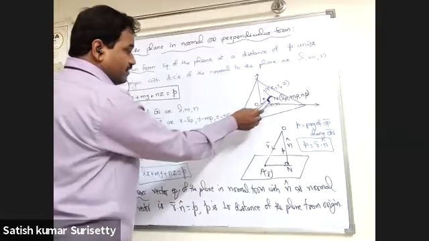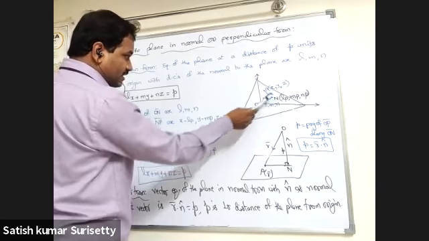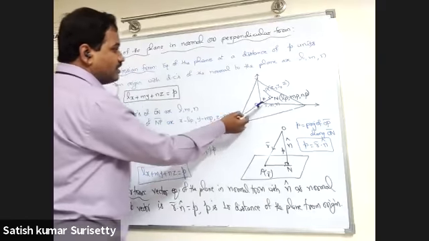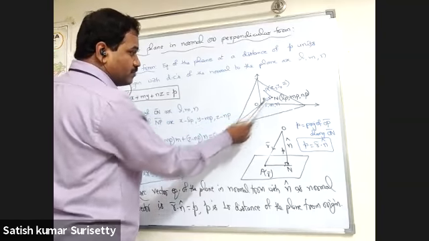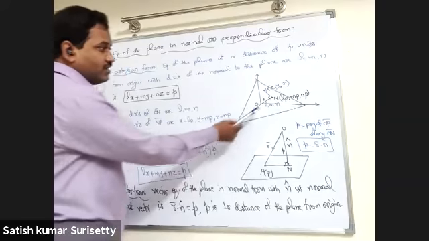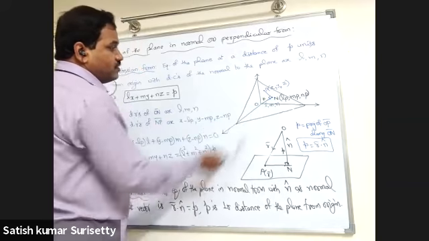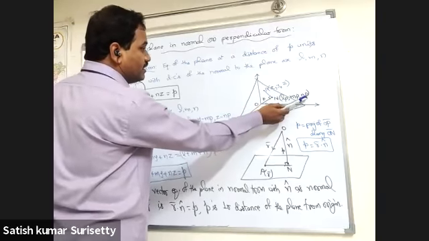That is, if I consider N as the foot of the perpendicular drawn from the origin, the length of ON equals p and the direction cosines of the normal are l, m, n. Then the coordinates of the foot of the perpendicular N from the origin, using parametric coordinates, we can write as lp, mp and np.